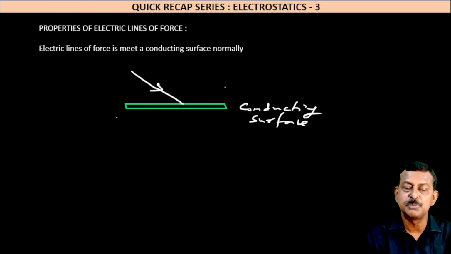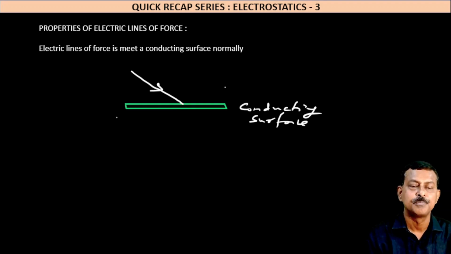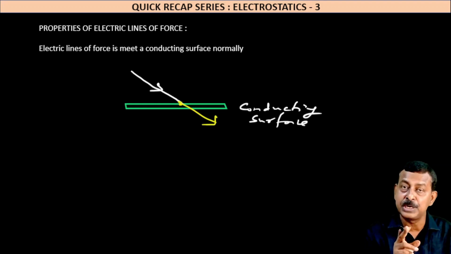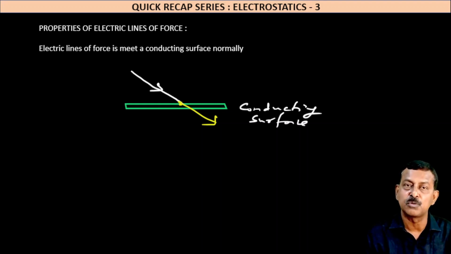Now, if it is meeting at this point, in that case, what we can do, if I take a tangent, this is the tangent, it will give the direction of the electric field at this particular point, because we have drawn a tangent corresponding to this particular electric lines of force. So this will be the direction of the electric field. Imagine you have a charge Q at this particular point. If the charge Q is there, it will experience force, and the force will be in the direction of the electric field.